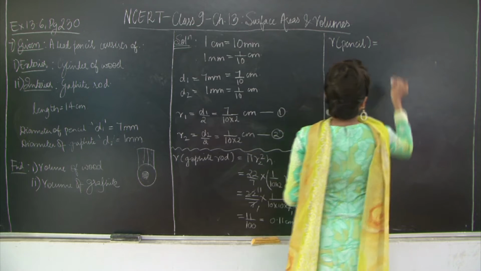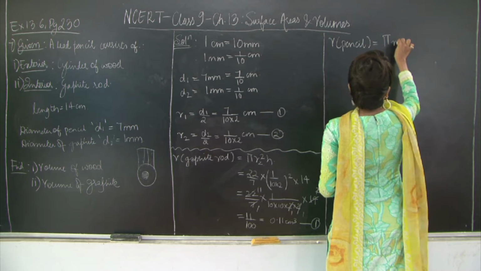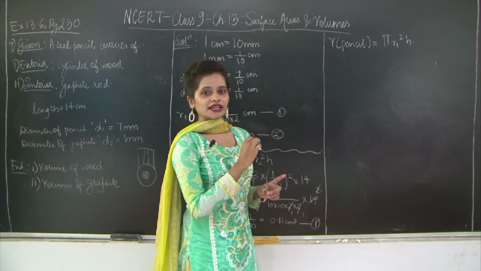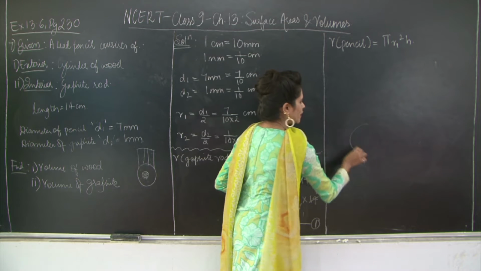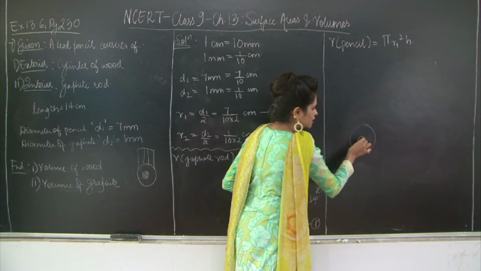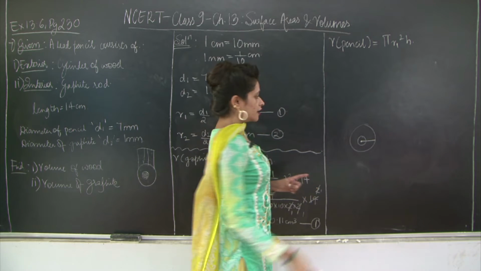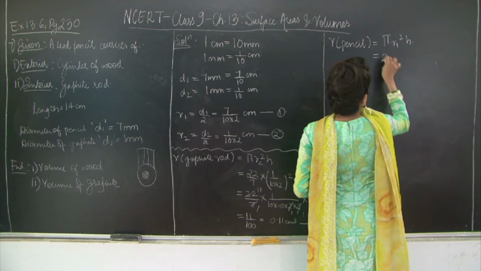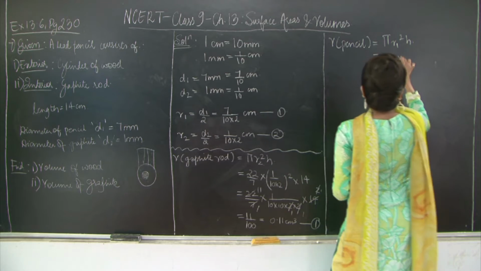So I'll say volume of pencil is going to be equal to πr1²h. So r1 is the radius of the entire pencil. This is your pencil, this is the center, this is the graphite rod, this is the center, this is the entire radius for the pencil, the base of the pencil. So this is going to be 22 upon 7 into r1 square.